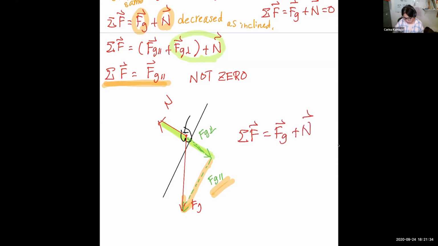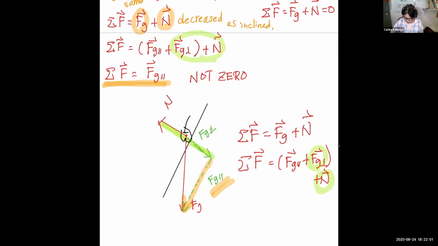That hasn't changed. And then instead of seeing the gravitational force as one entire force, I can decompose it into Fg parallel plus Fg perpendicular plus N, and then Fg perpendicular and the normal force cancel out.